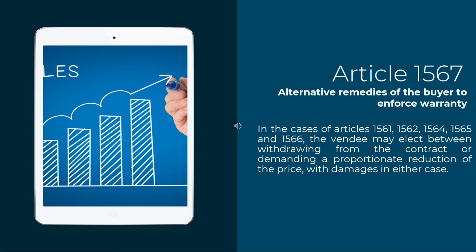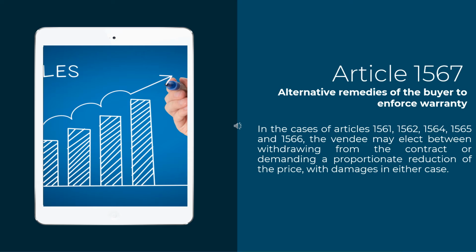Now for Article 1567, which is the alternative remedies of the buyer to enforce warranty. The provision goes, in the cases of Articles 1561, 1562, 1564, 1565, and 1566, the vendee may elect between withdrawing from the contract or demanding a proportionate reduction of the price, with damages in either case.